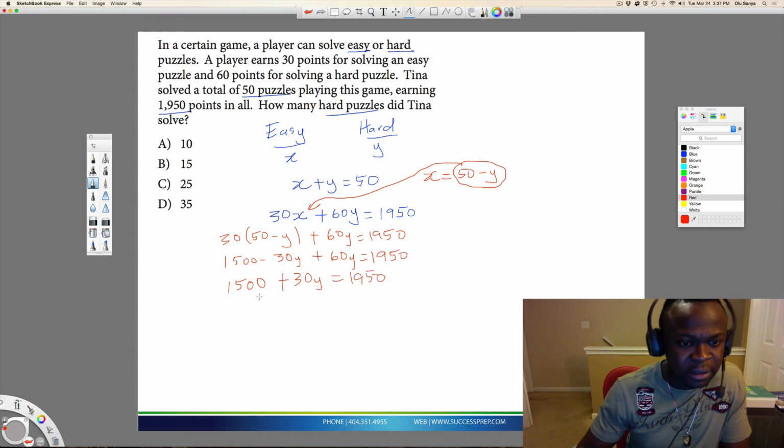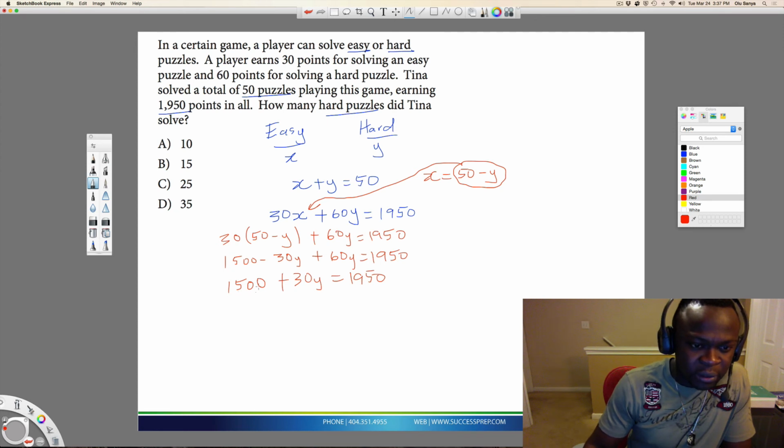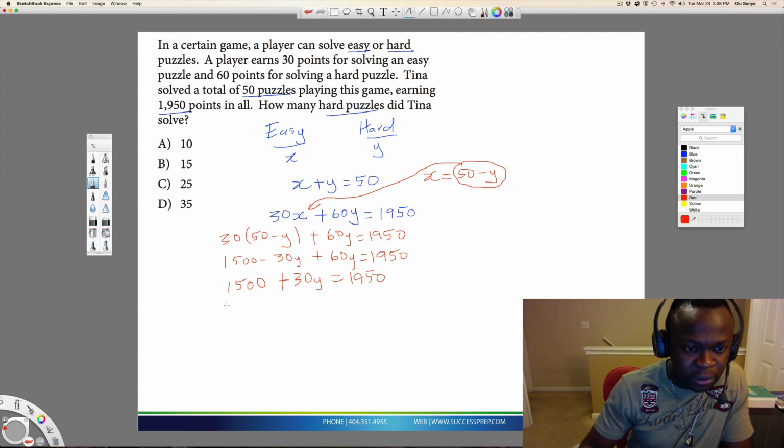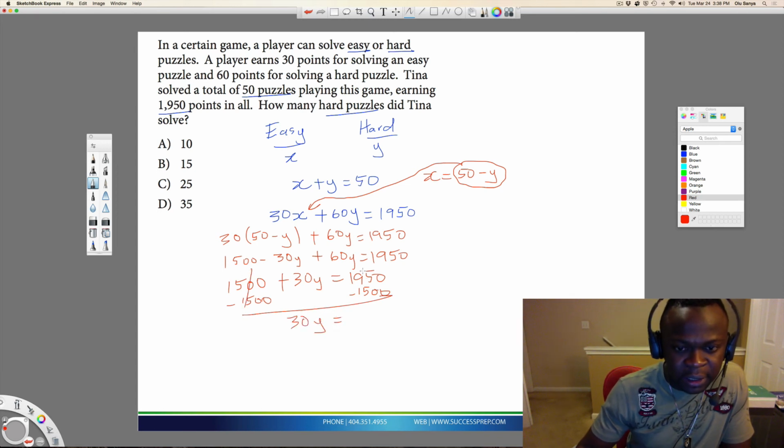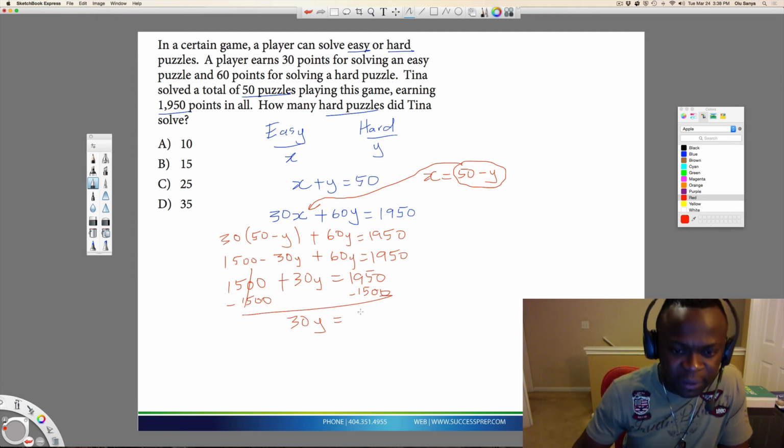Again, we need to bring like terms together, so we want this 1500 to come over to the right side, so you say minus 1500 on both sides. That goes away and I have 30Y, and 1950 minus 1500 gives you 450.